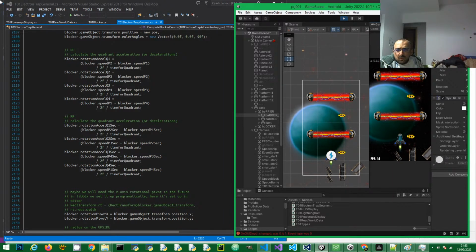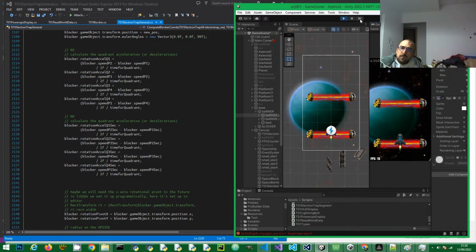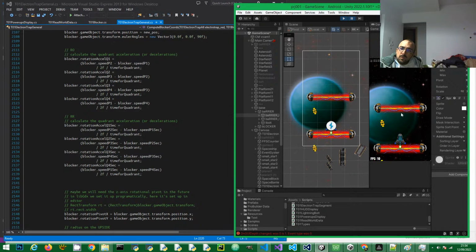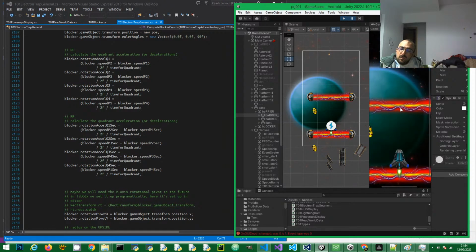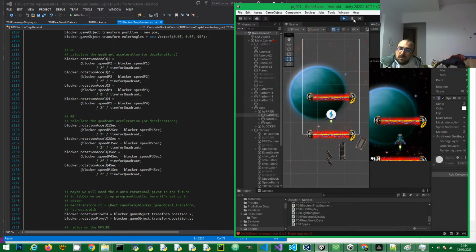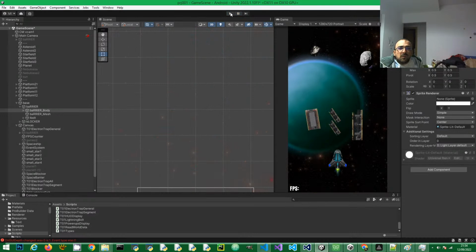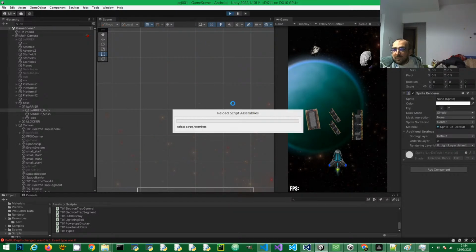Oh, there's a problem. Of course there's a problem. Yeah, we have a problem. The barriers, something's wrong with the barriers. Oh, they don't electrify. Something's wrong with them. I don't know what. The lightning bolts, I don't know what happened to them.